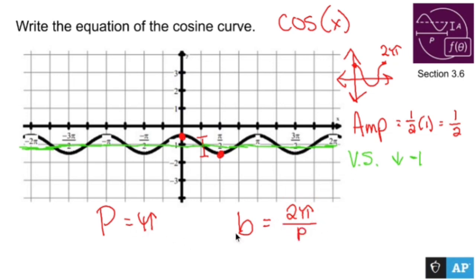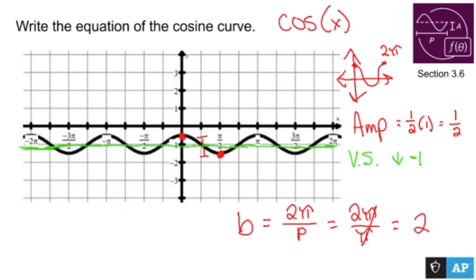The period is pi, so this is going to be 2 pi divided by pi. The pi's cancel out. So my B, or my frequency, is just going to be 2.